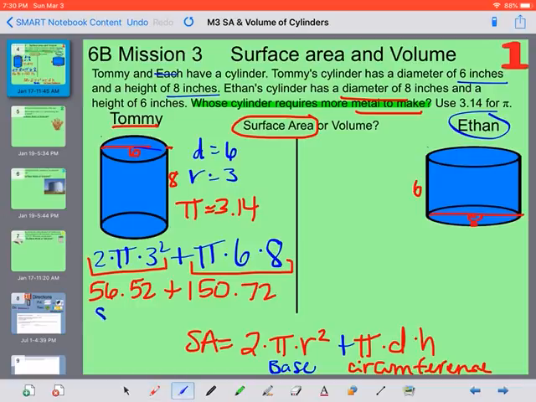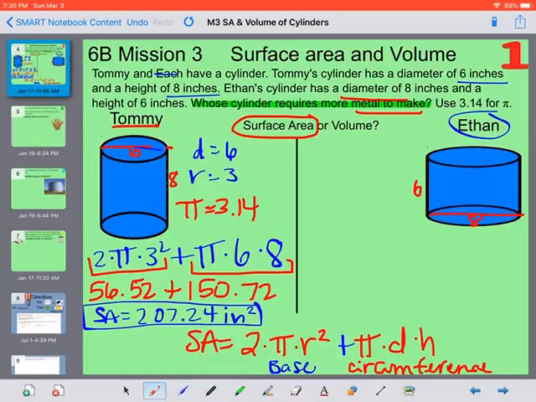So altogether, my surface area of that cylinder, adding up those two pieces, is 207.24. We're talking about inches squared for surface area. So that's Tommy's cylinder. That's how much metal he would need to make that cylinder.